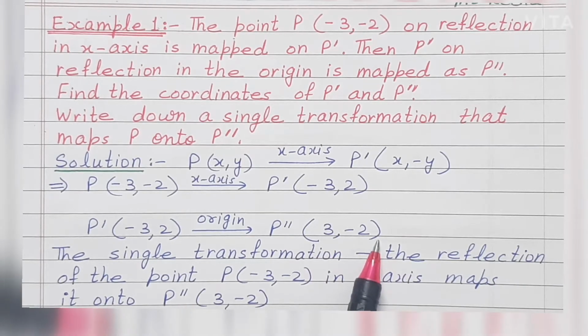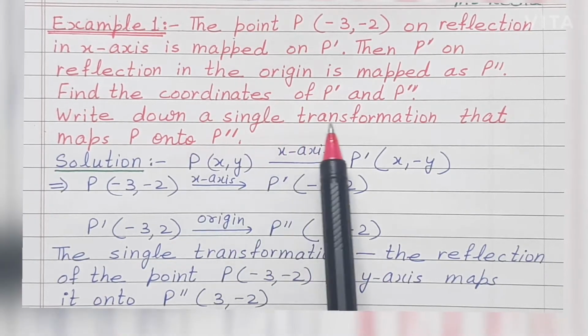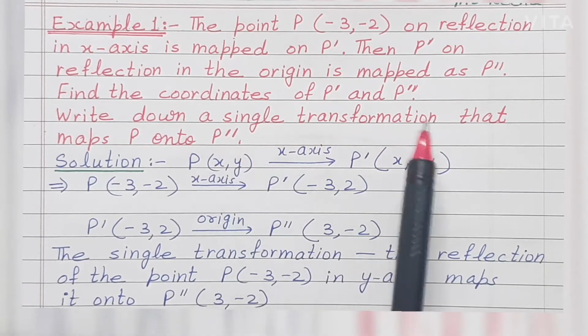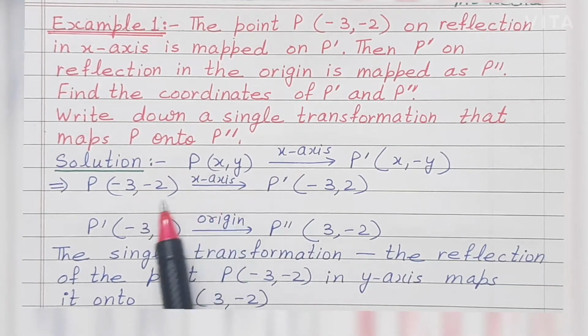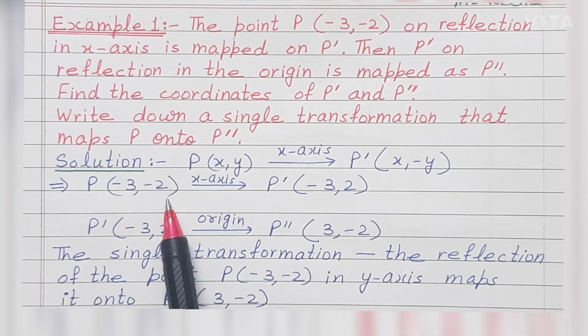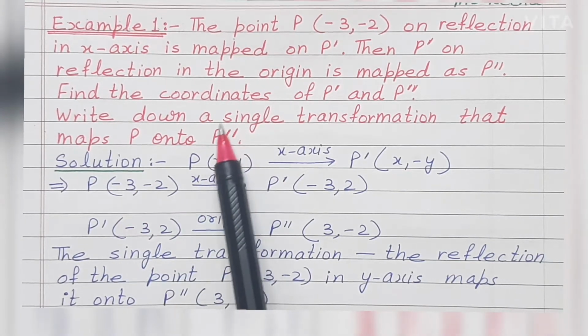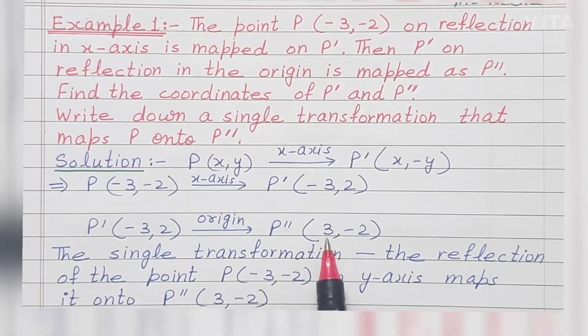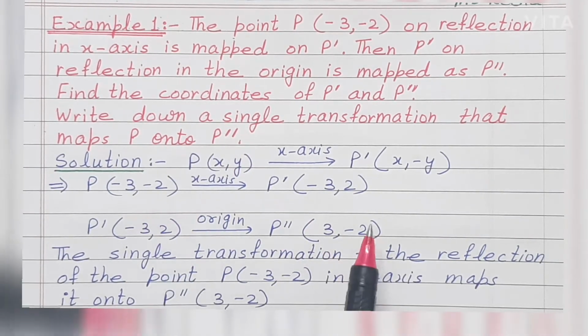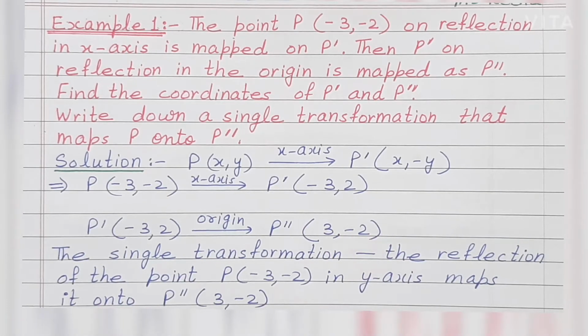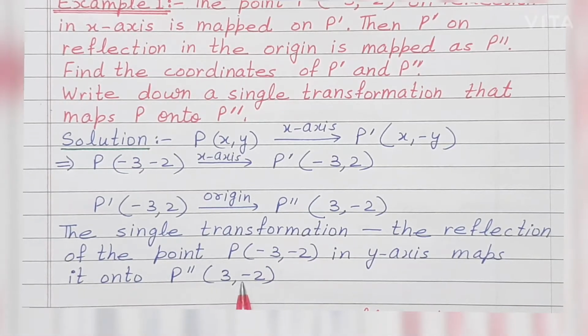Clear? Now let us talk about single transformation. Now see, the coordinates of P are -3 and -2, and the coordinates of P double dash are 3 and -2. So what is the change in the sign here? The change in the sign here is in x. Clear?